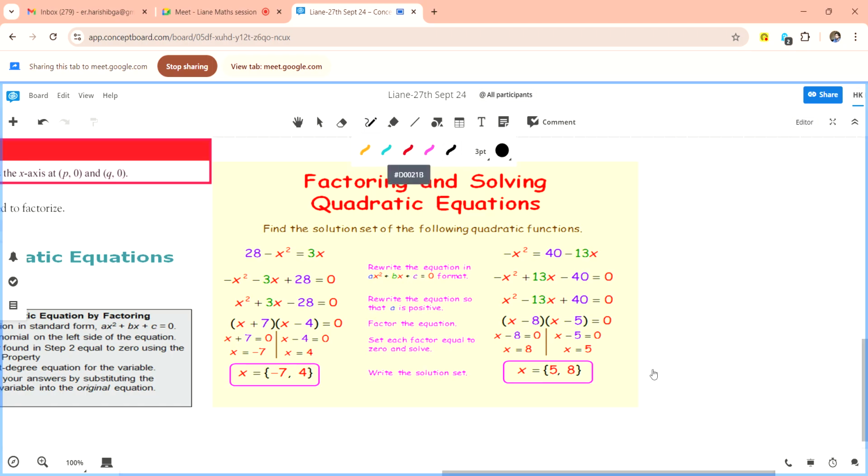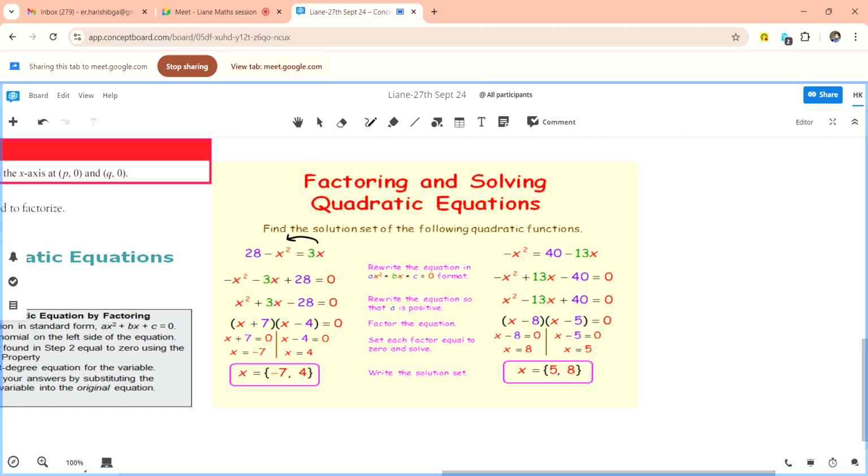Yes. That plus 3x of the right hand side, when it is shifted to the left hand side, it becomes minus 3x, isn't it? Yes. And the plus 28 is there, so I wrote the plus 28, that's equal to 0.